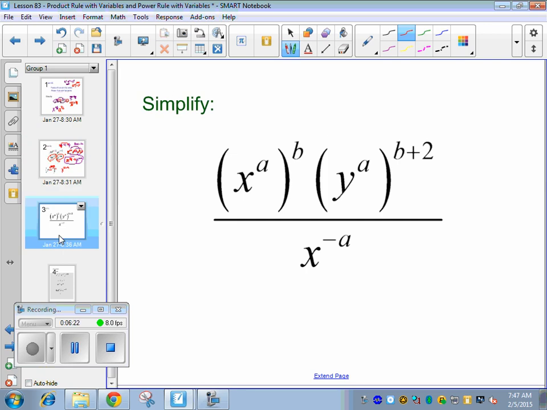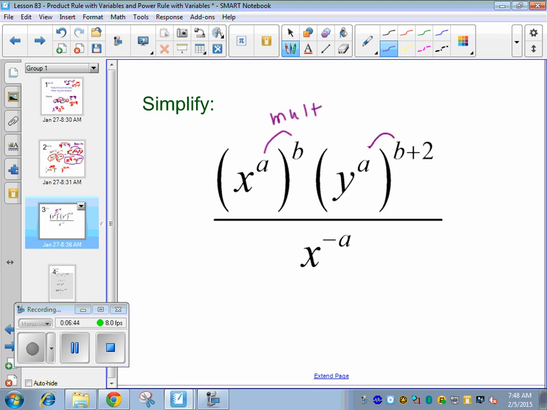Alright, let's try another one that has multiple things going on. So it's combining everything that we just did. So x to the a to the b, y to the a to the b plus 2 over x to the negative a. Alright, if there's parentheses, what do we do with these here? Multiply.